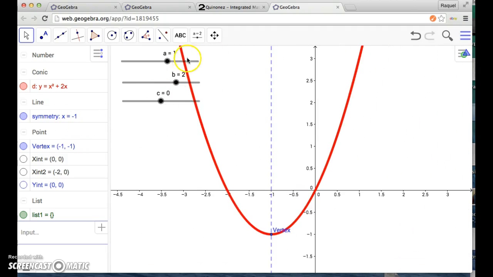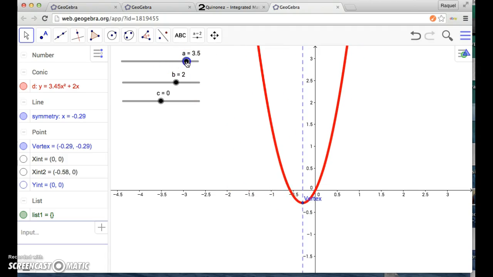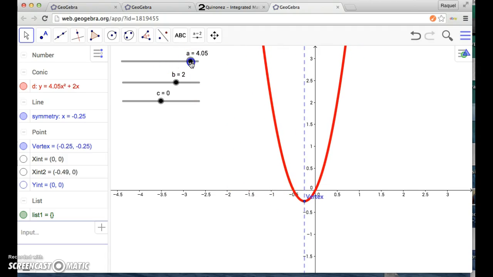Or let's test that another way. Let's make this 4, and we'll leave this at 2. So the opposite of this is negative 2, divided by double of this. So that would be negative 2 over 8, 2 eighths.